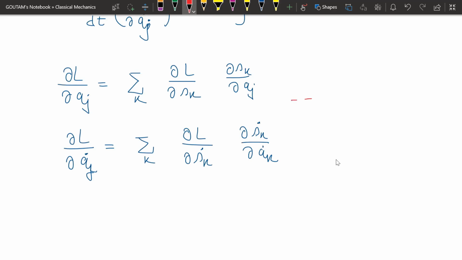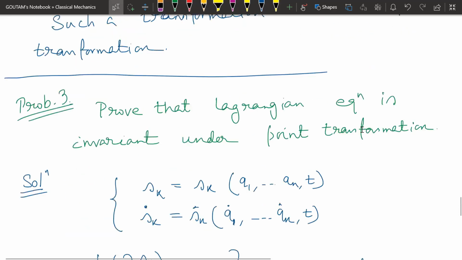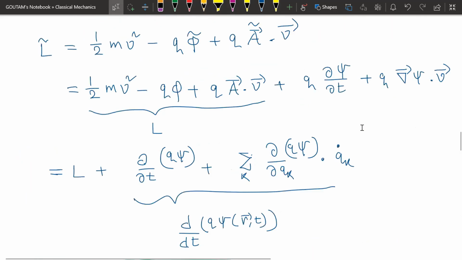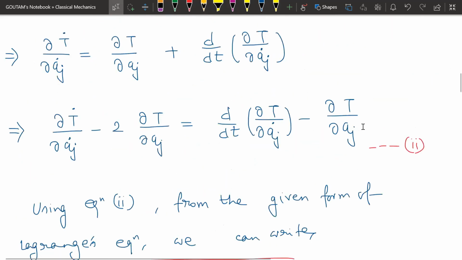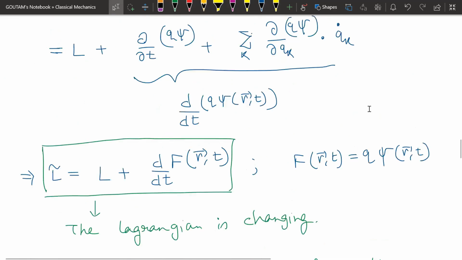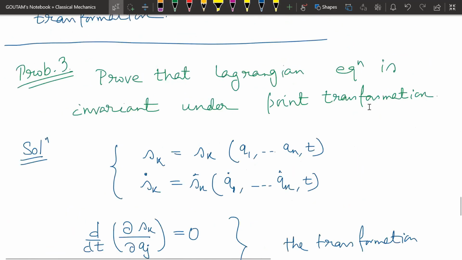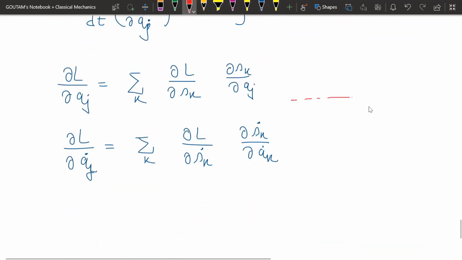Let's call these equations. We had equation 1 up to equation 2, so let's call these equation 3 and equation 4.